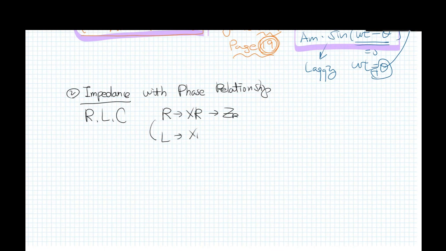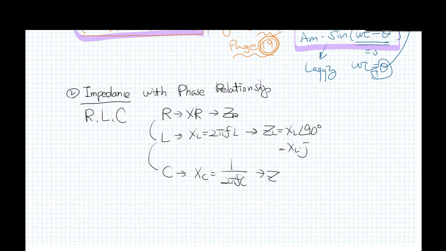L: X sub L, 2 pi f L, and angle 90 degrees, so X sub L is j X sub L. And C is X sub C, 1 over 2 pi f C, and that is angle minus 90 degrees here, minus j X sub C. Okay.